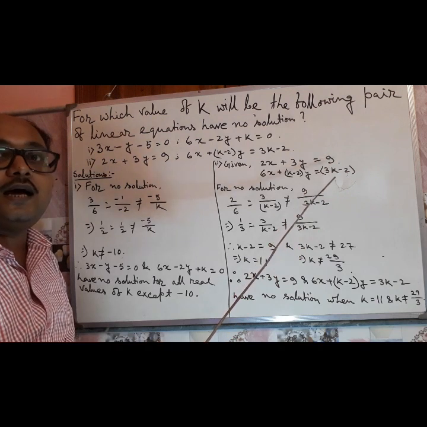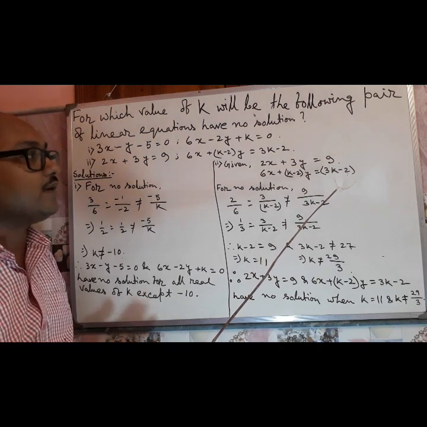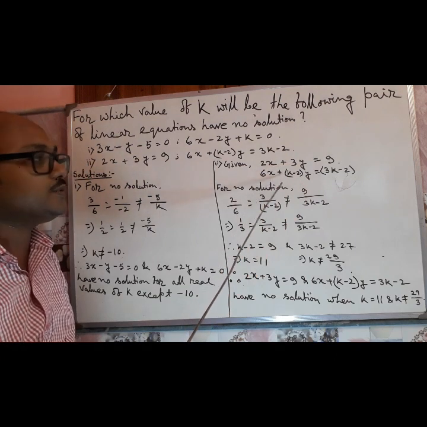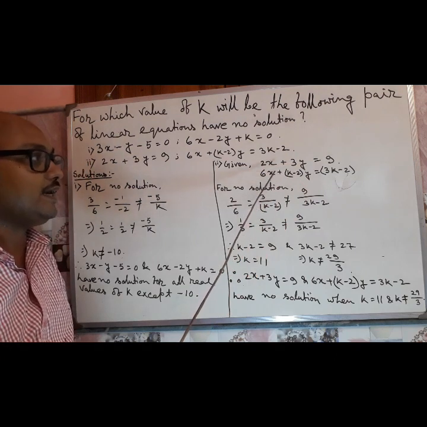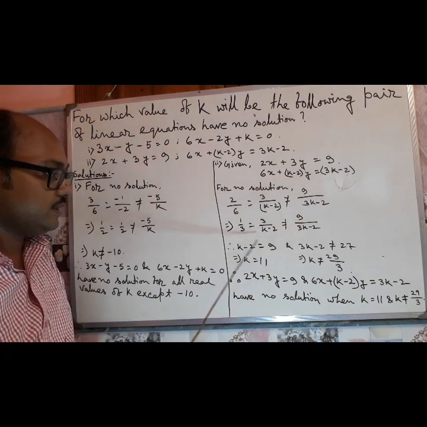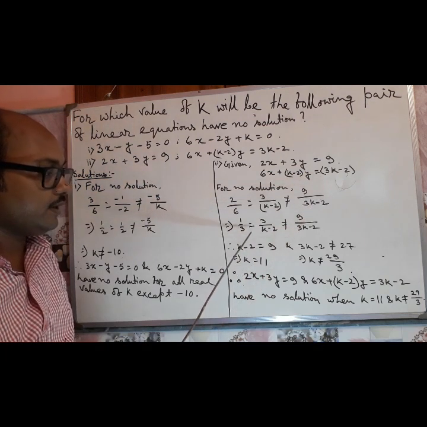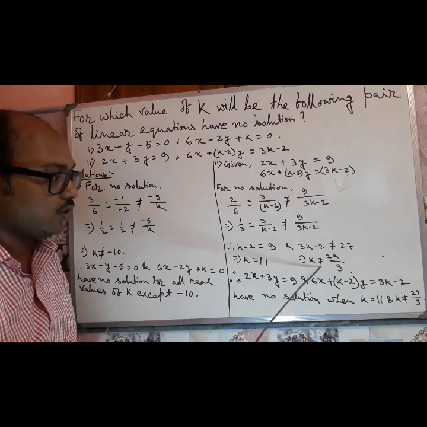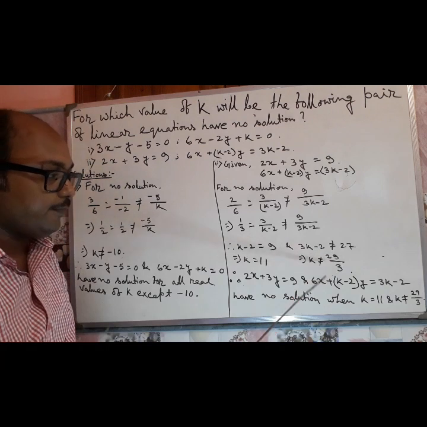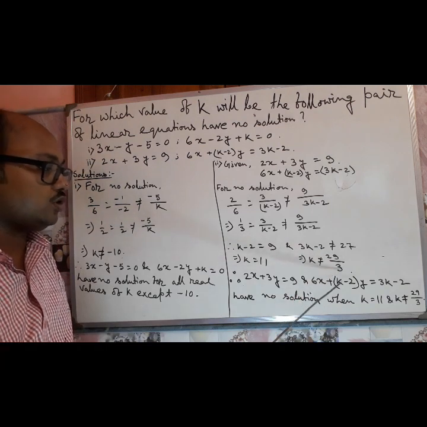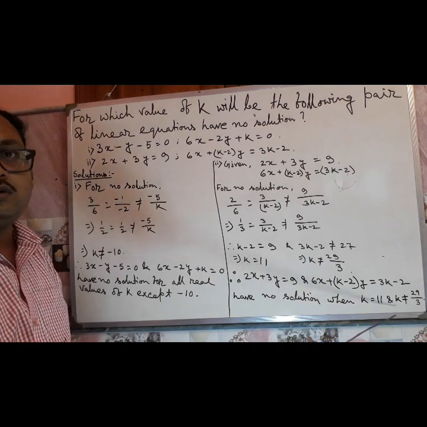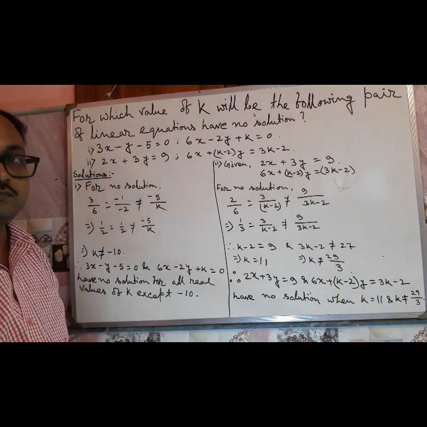You are to keep the corresponding terms on the same side, either the right hand side or the left hand side. From this, by calculating, we will get k is equal to 11 and k is not equal to 29 by 3. So this system has no solution when k is equal to 11 and k is not equal to 29 by 3.